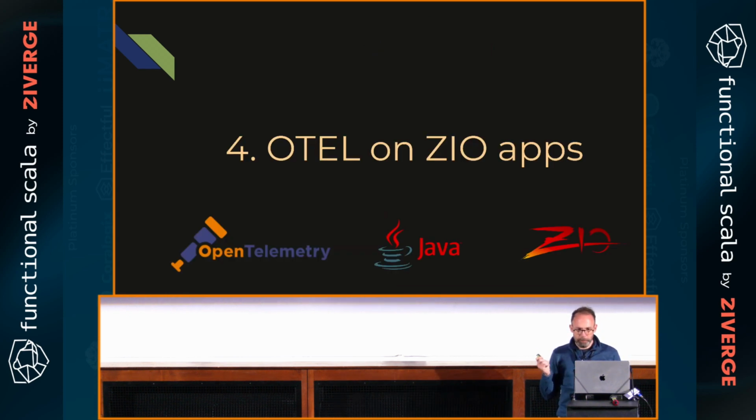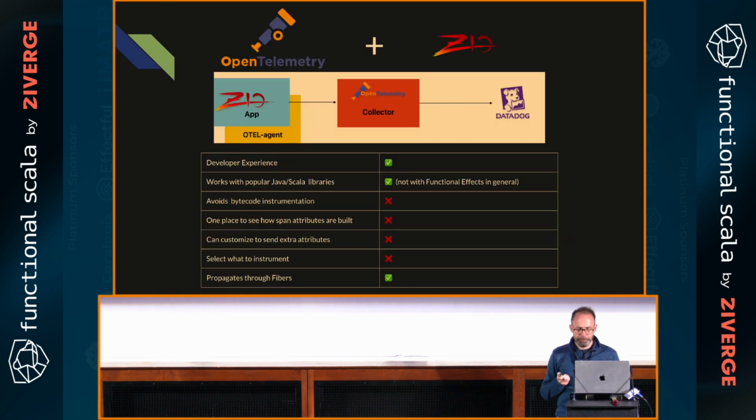But if you're using a ZIO application, since a few months there is also an integration in the agent that makes this work with ZIO. So this makes sure that if you open a span, then the context information is transferred correctly so that the agent can keep working as if you're just using a Java application.